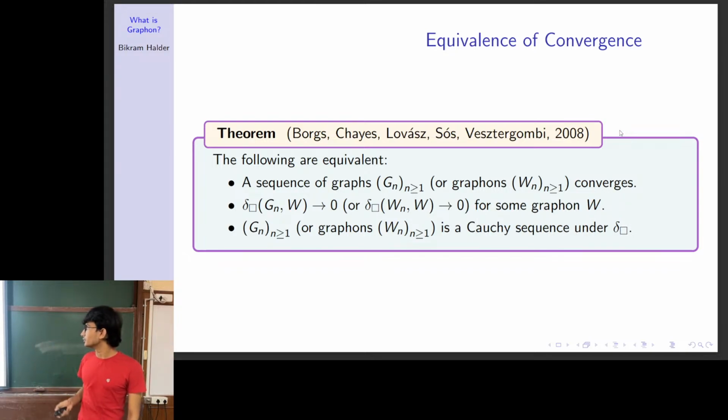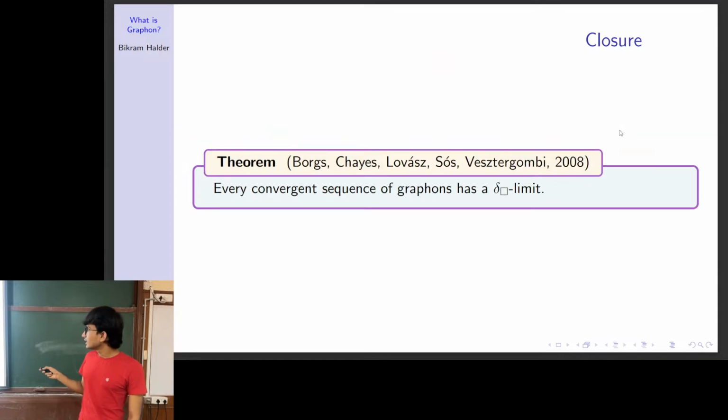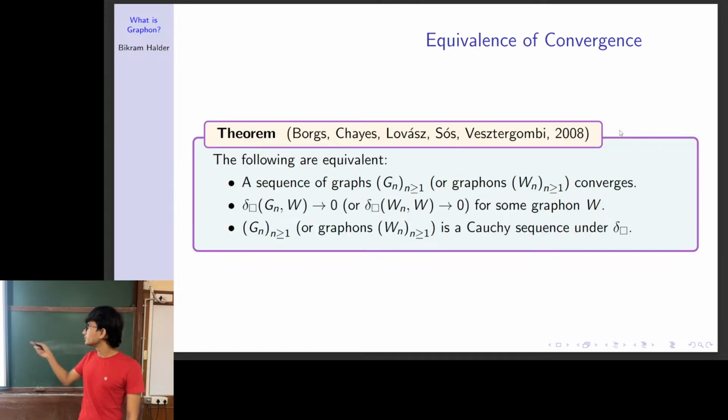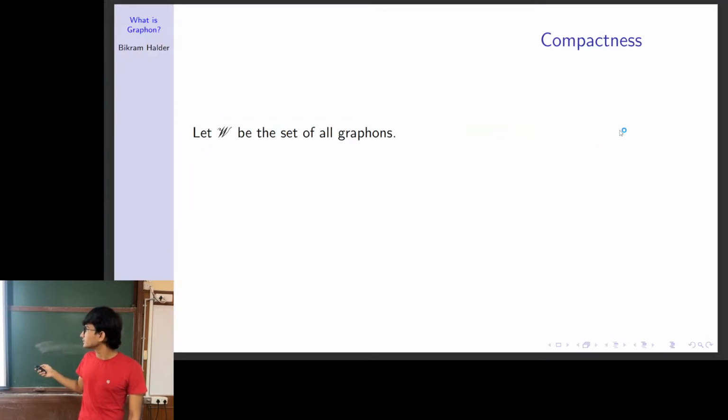The three are equivalent, they show, and also that every convergent sequence of graphons has a cut distance limit. So you get closure, you got equivalence of convergence here.